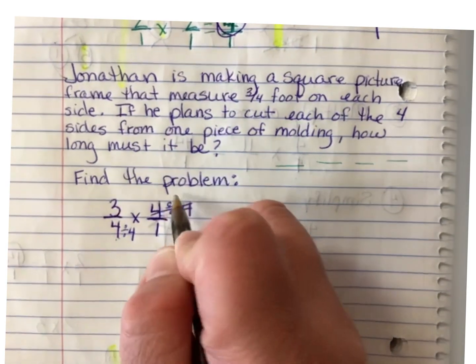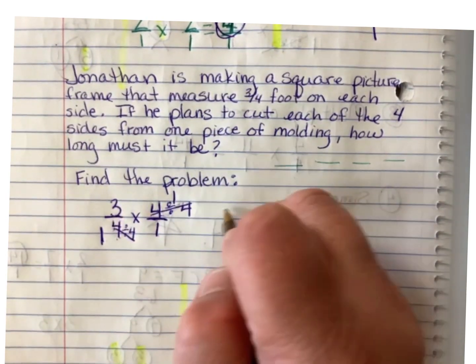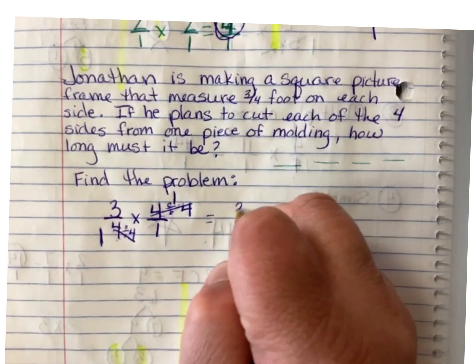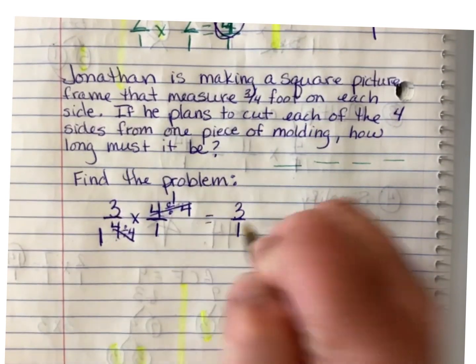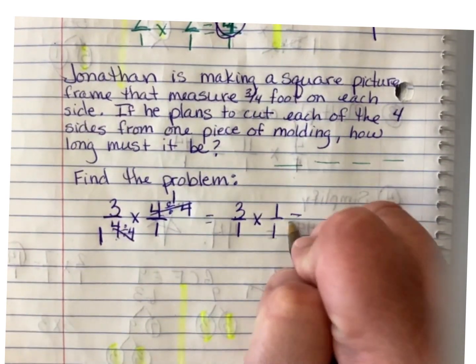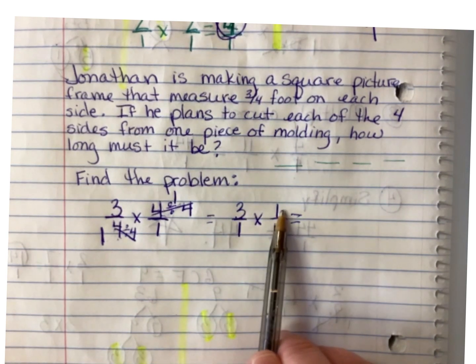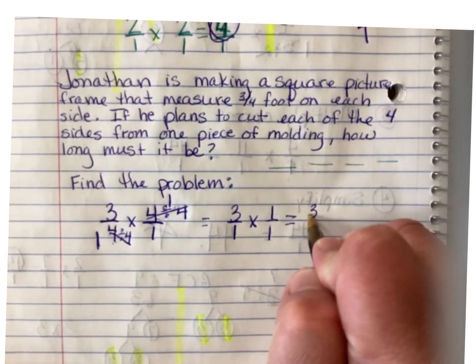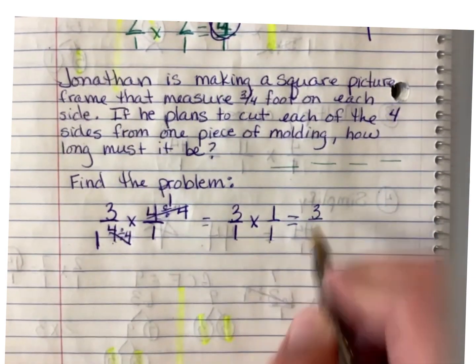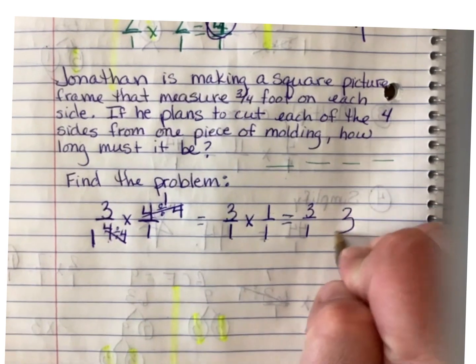This is going to become 1, and this is going to become 1, and I will have a new problem that means the same exact thing as what we had before. And my next step is to multiply across. So when I multiply across, I multiply on top. 3 times 1 is 3, and 1 times 1 is 1. And then I simplify, and this can be simplified to 3.